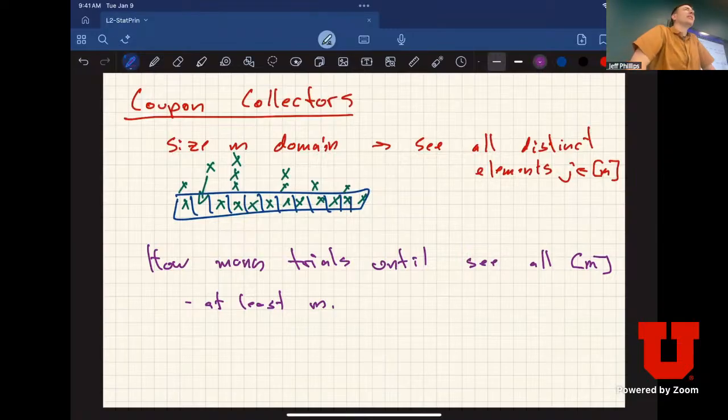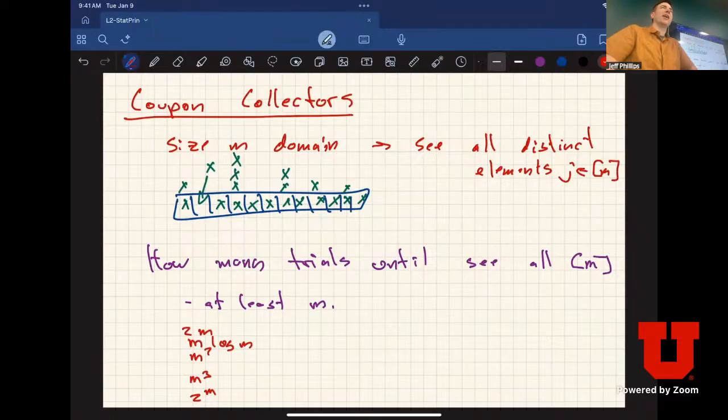Okay. Something close to M. Okay, so we have options here. We have 2M. People said M squared, M cubed, 2 to the M, and then you said M log M, something like that, where pure scientists must be a log, right?